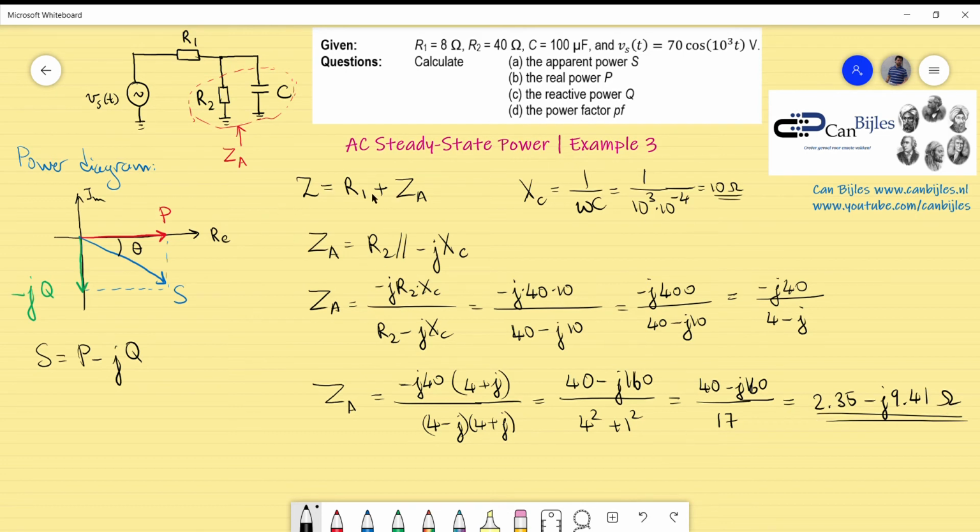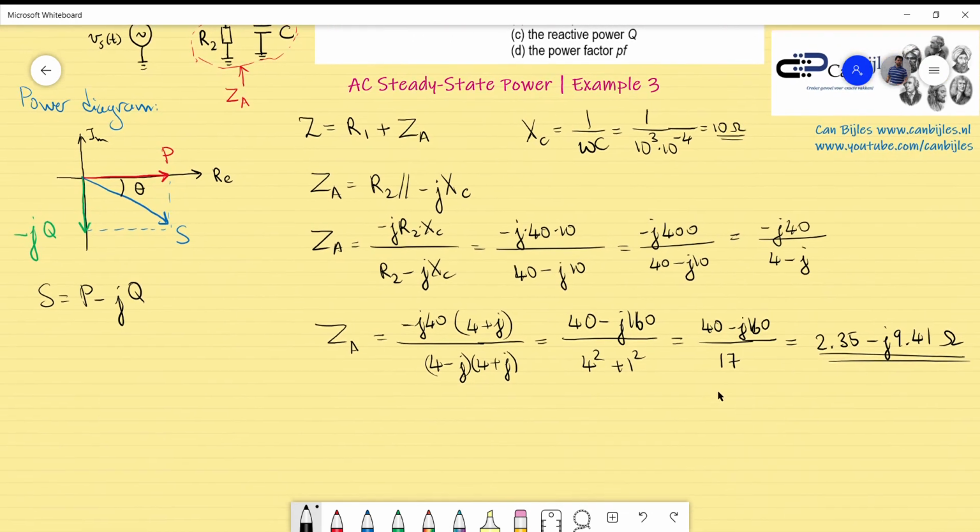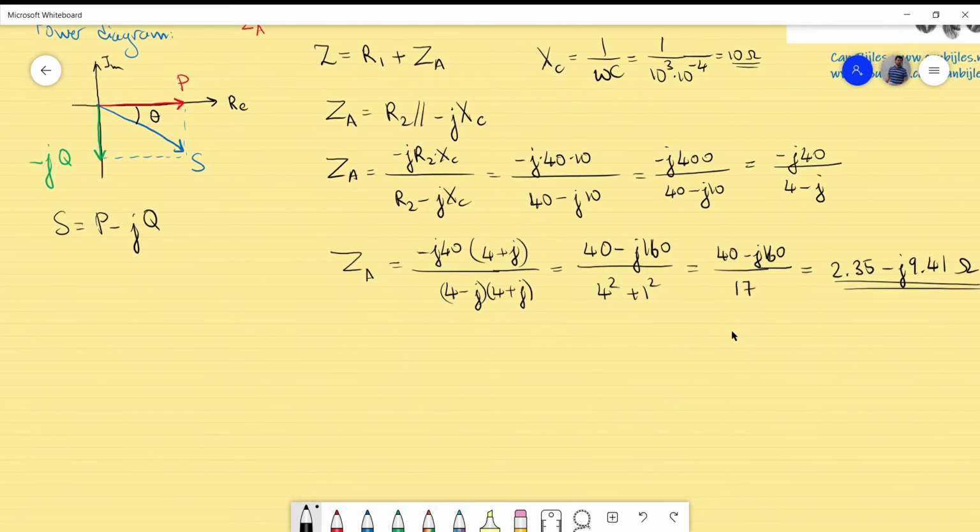This is the expression we required, because I have written this in rectangular form since I need the addition here, and it will be helpful to have the rectangular form of ZA. So I can now move on to Z total, or Z of the system. That will be R1, which was 8, plus 2.35 minus j9.41, which will bring us to 10.35 minus j9.41.